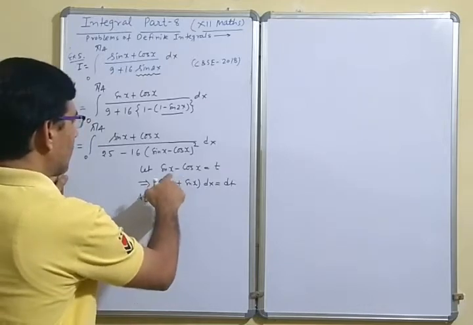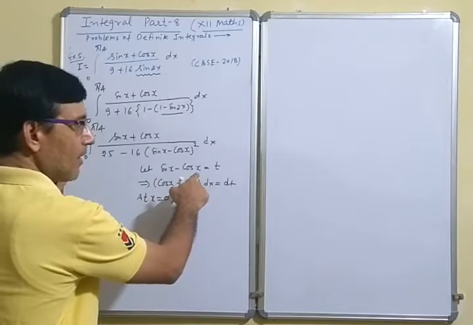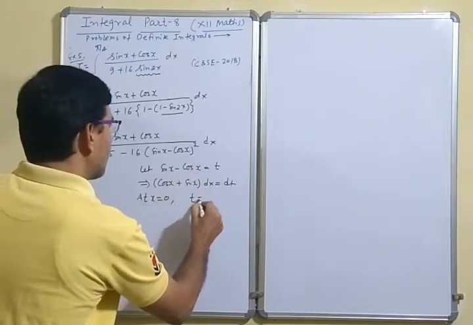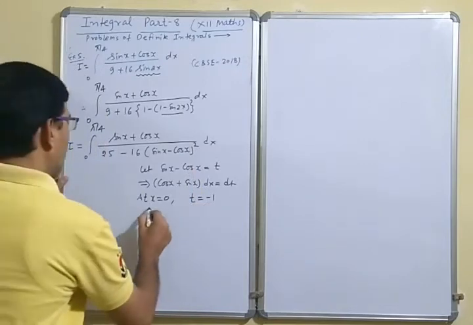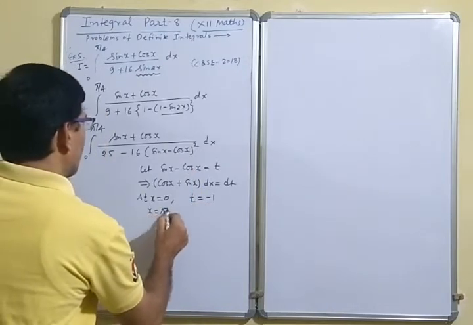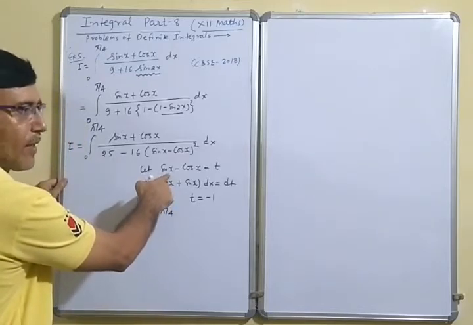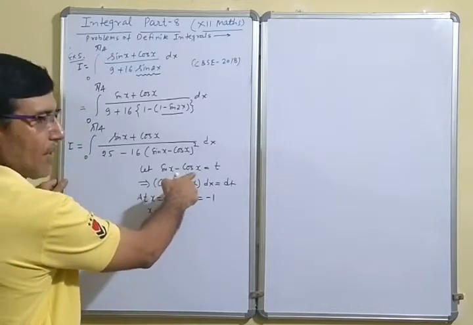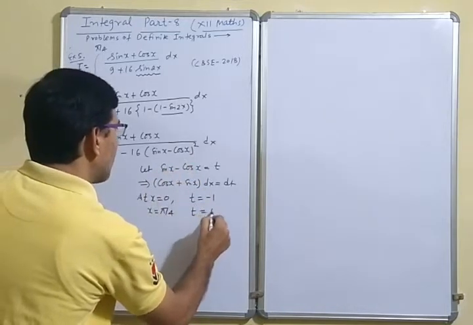At x is equal to 0, sin 0 is 0, cos 0 is 1, so t becomes minus 1. Now at x is equal to pi by 4, sin pi by 4 is 1 by root 2, cos pi by 4 is 1 by root 2, they cancel out. So now t becomes 0.